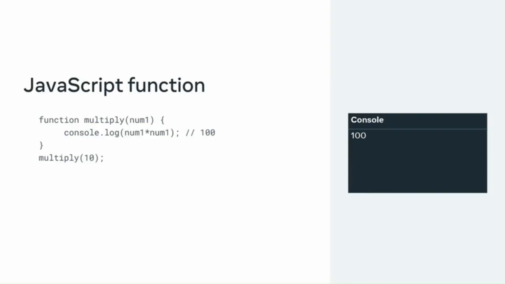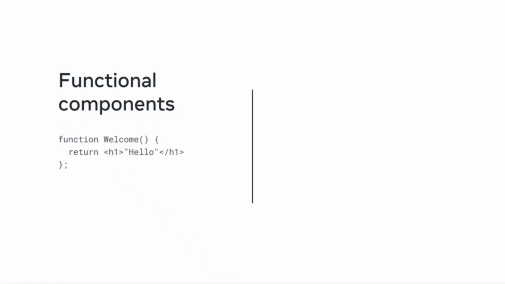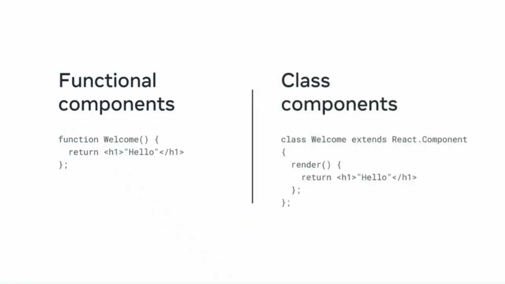Well, a React component acts much like a traditional JavaScript function. In this video, you'll continue your exploration of the structure of the React architecture by learning about functional components, component types, JSX, and transpiling.